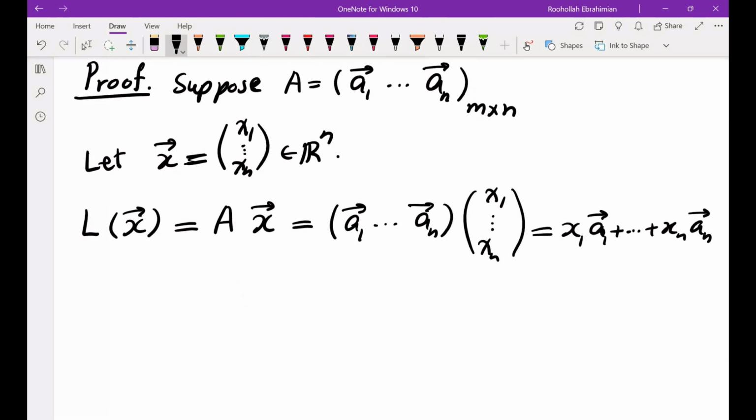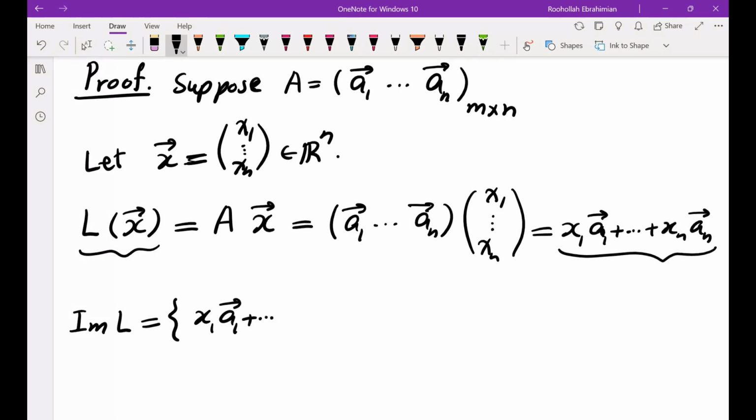So the image is exactly the set of these, but these are just linear combinations of the columns of A. So the image of L is exactly the set of all x1 a1 plus through xn an, such that x1 through xn are real. That's by definition.